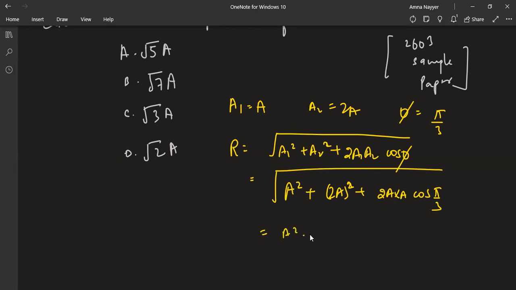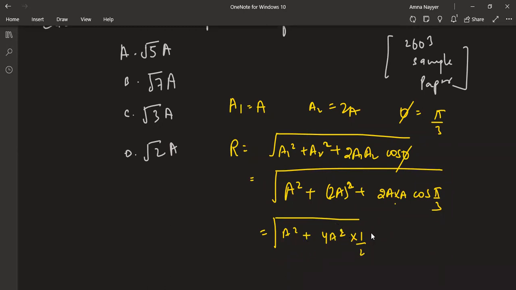So this is A square plus 4A square plus, see, cos pi by 3 is there, and you have 2A square. So 2A into, this will become half. So how much is left? Half into 4A square.